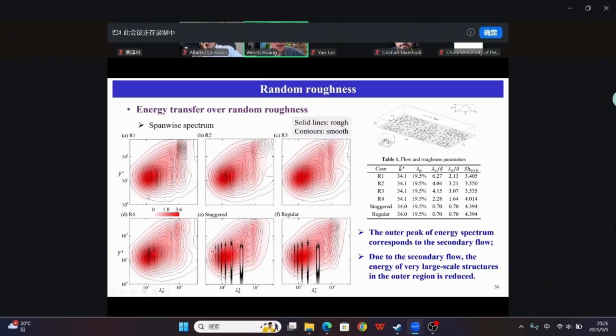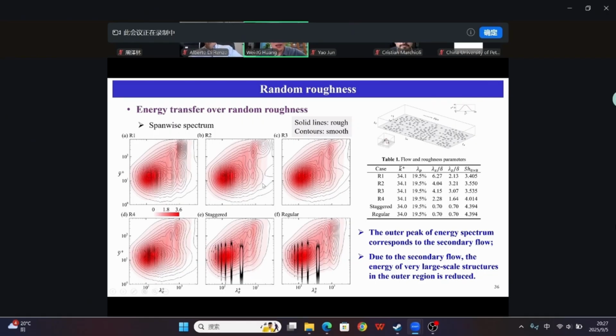If we look at the spectrum, we can see this is the new secondary flow. But for the staggered regular one, this is the outer layer very large scale motion. Due to the appearance of the secondary flow, the original outer layer very large scale motion will be suppressed to some extent.